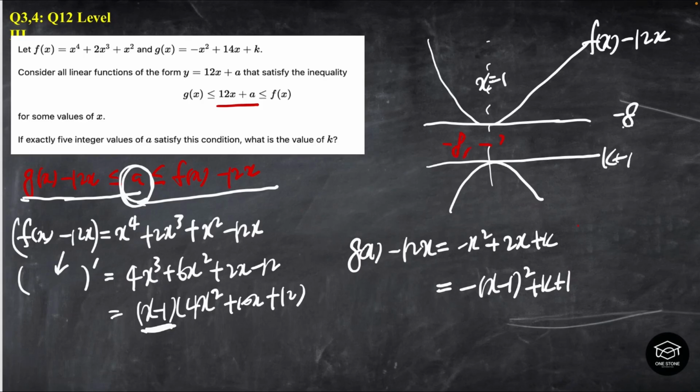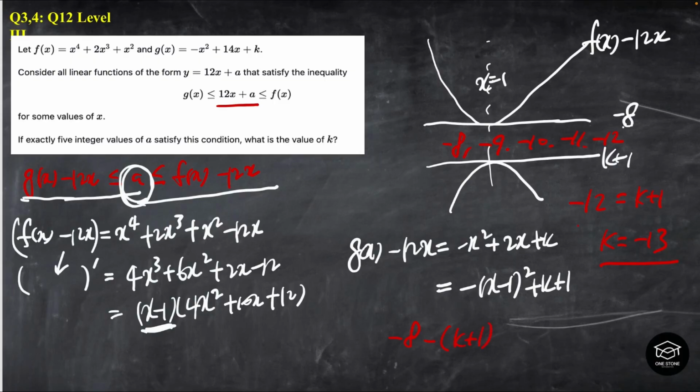We now count how many integers lie between those two values. From k plus 1 up to negative 8 inclusive, we need exactly 5 integers. That means the distance from k plus 1 to negative 8 must be 4.